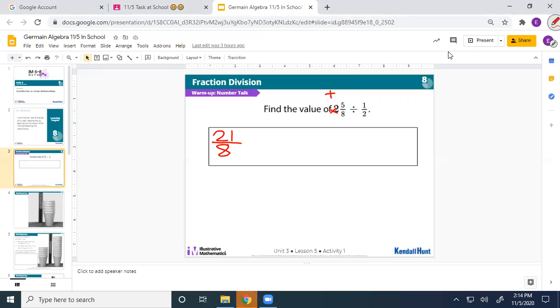And then what do we have to do? So we're going to say divide by 1/2. Keep, change, flip. Very good. So we would keep our first fraction, 21/8, change our sign to multiplication, and flip, or what's the other fancy word for flipping a fraction?